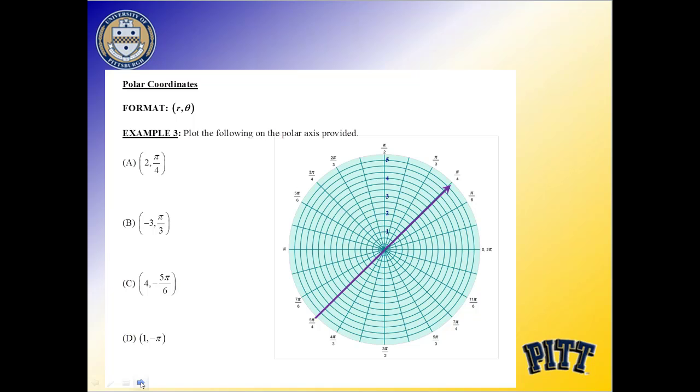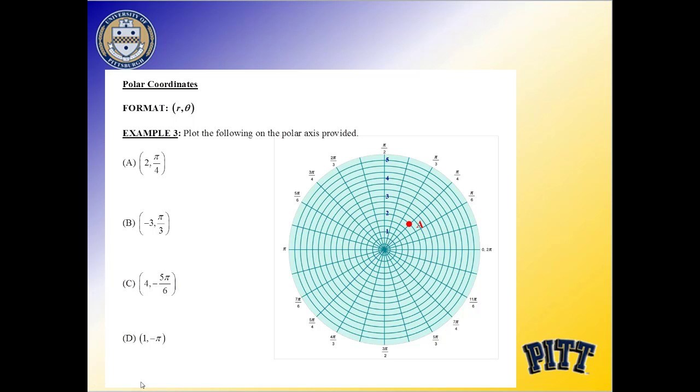Notice I extend the line throughout the entire circle, because the arrow is pointing in the positive direction, and the end is in the negative direction. So for 2 comma pi over 4, I point in the pi over 4 direction and move out 2 radii, and that's where 2 comma pi over 4 is located in polar coordinates.